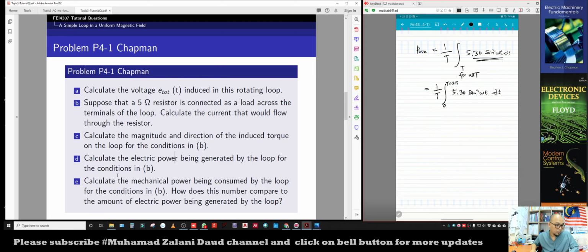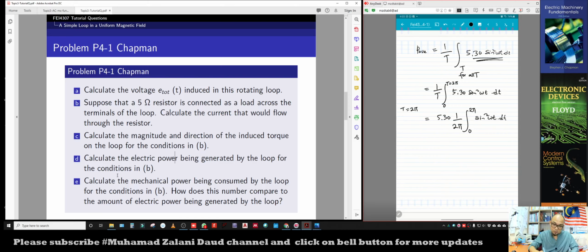I want to get rid of some constant here, so I put 5.3 outside. Then t is now 2 pi, so 1 over 2 pi from 0 to 2 pi, sine square omega t dt.